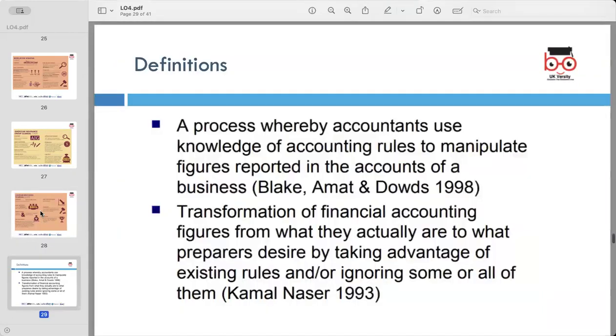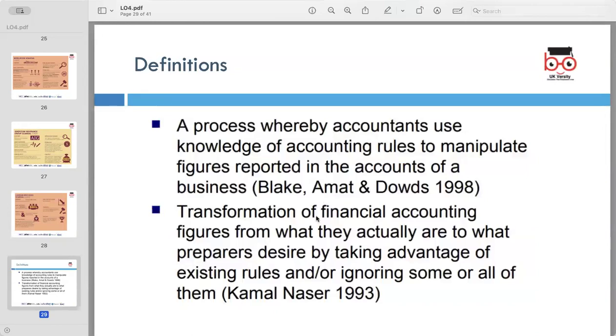Right. So next is definitions. Basically creative accounting is a term that describes the process whereby accountants use knowledge of accounting rules to manipulate figures reported in the accounts of a business, according to Blake, Amat, and Dowds, 1998.